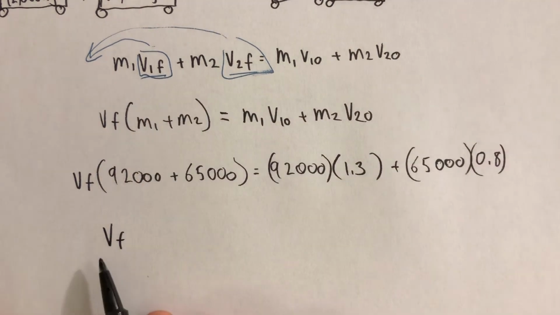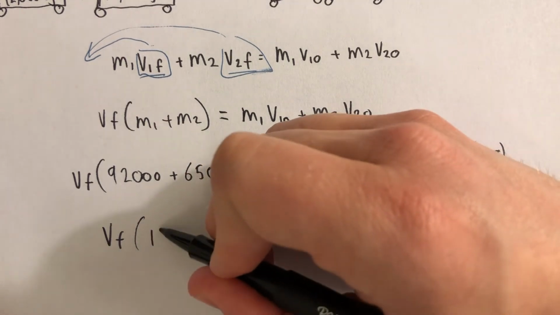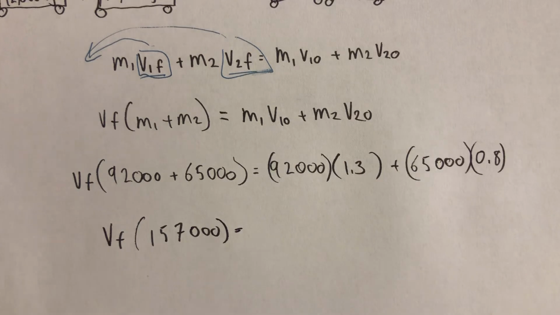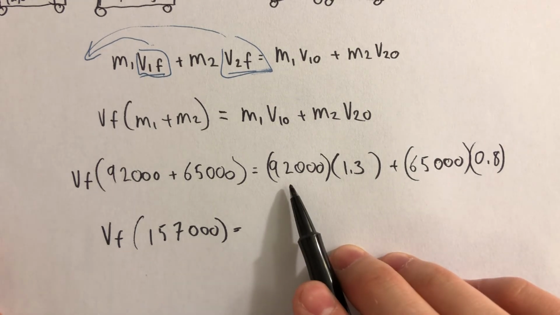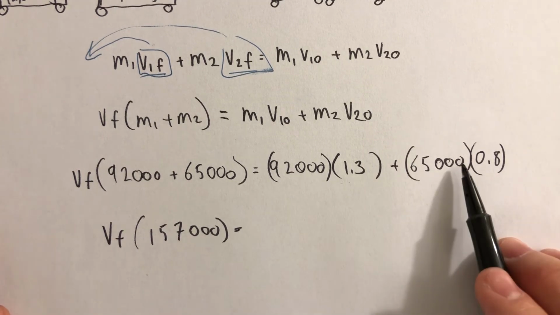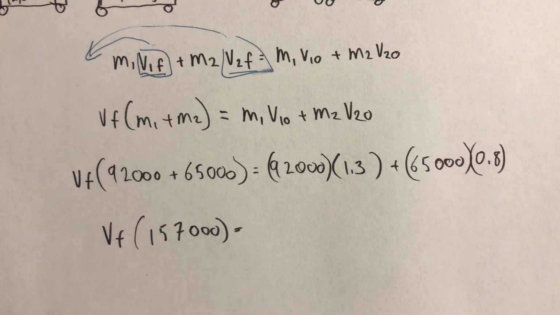So we'll simplify a little bit. We'll add those two together. 157,000. I'm not super confident about that. Yep, 157,000. We'll take 92,000 times 1.3. Well, actually, we could just type that in our calculator all at once. 92,000 times 1.3 plus 65,000 times 0.8.